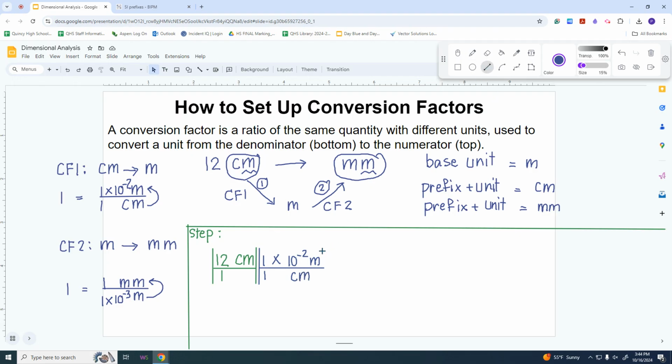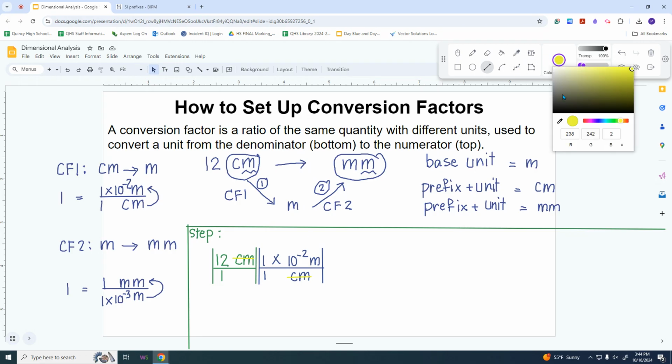And always, once you put the first conversion factor down, you should cancel the same unit right away, so you will not get confused. The same unit is centimeter, so cancel centimeter, okay? At this moment, you are going to see that the unit is meter, the base unit now, okay?